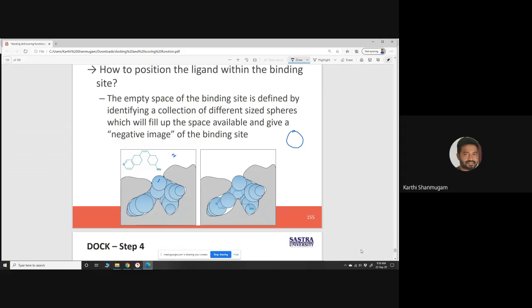If I take this sphere, can you tell how many places it is making interaction with the binding site amino acids or atoms? How many points is it making contact?